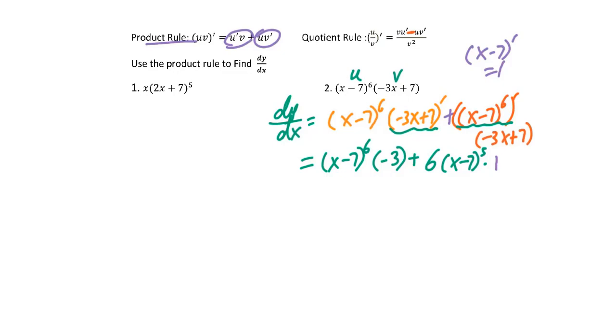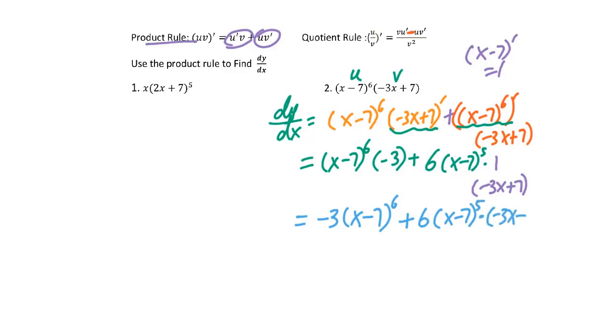So multiply by 1. Then times negative 3x + 7. Let's organize. You will get negative 3 times (x - 7) to the 6th power plus 6 times (x - 7) to the 5th power times (negative 3x + 7).